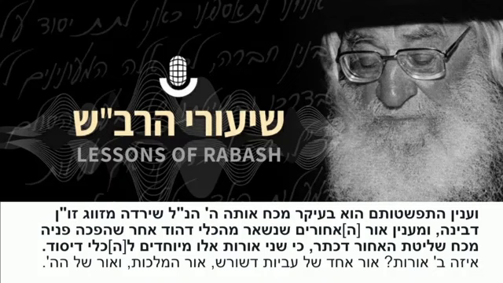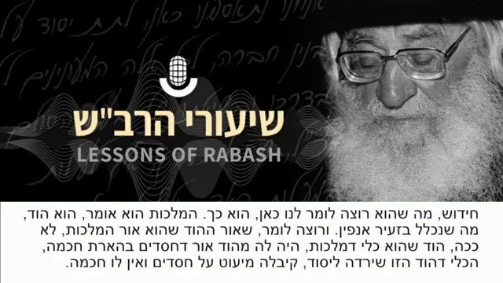For these two lights are specific to the vessel of Yesod. Which two lights? One light of the coarseness of the root, the light of Malchut, and the light of Hey.